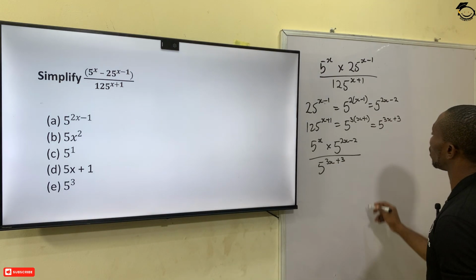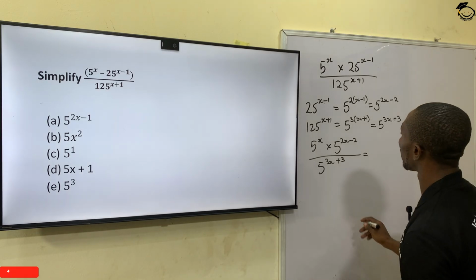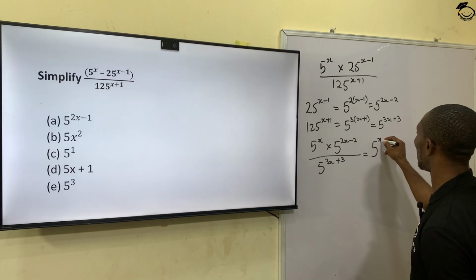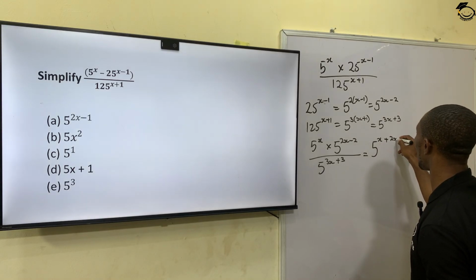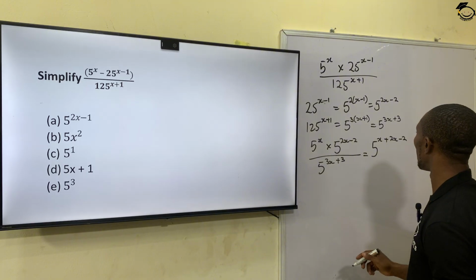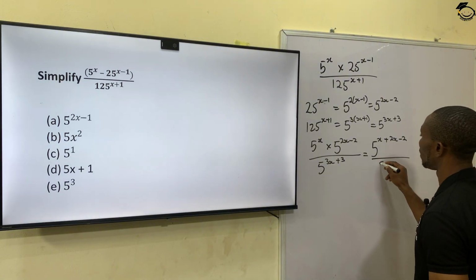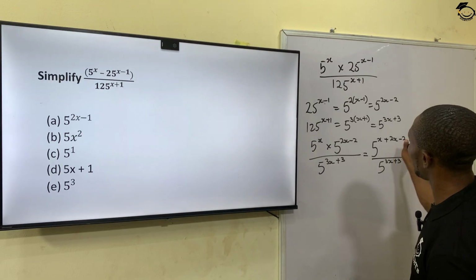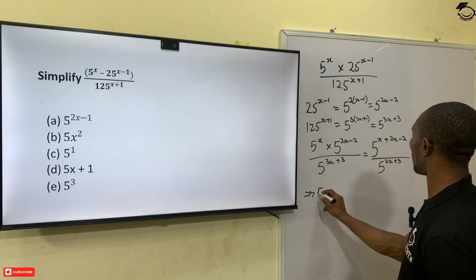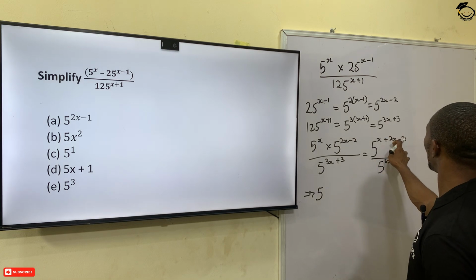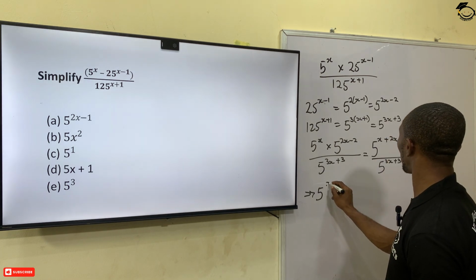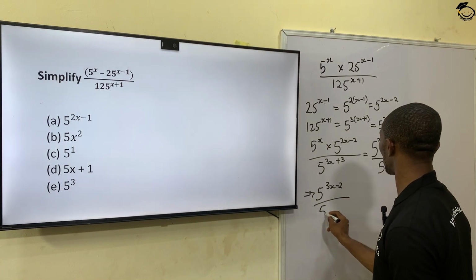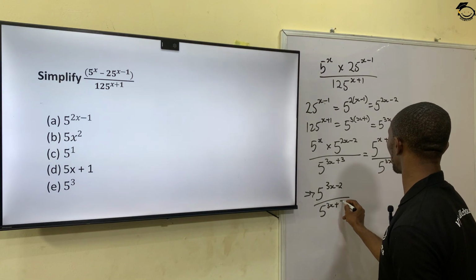Now, applying our law of indices, where multiplication turns to addition, this becomes 5 raised to the power x plus 2x minus 2, all over 5 raised to the power 3x plus 3. From here, we have 5 raised to the power 3x minus 2 all over 5 raised to the power 3x plus 3.